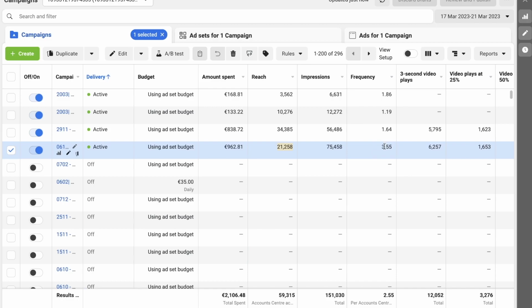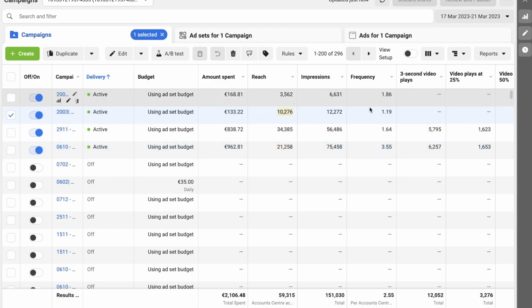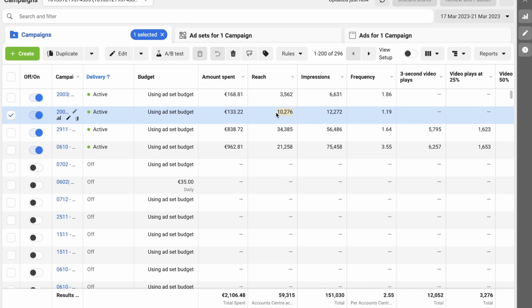While cold campaigns have a lower frequency because more individual people are reached, and the algorithm is testing which people are relevant, and then these people get targeted by more campaigns.